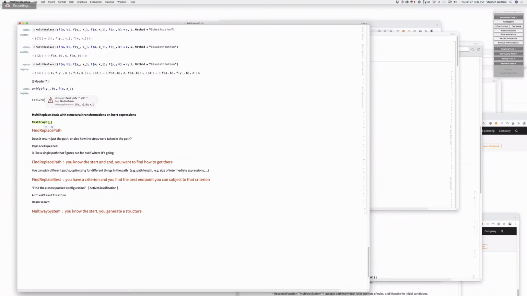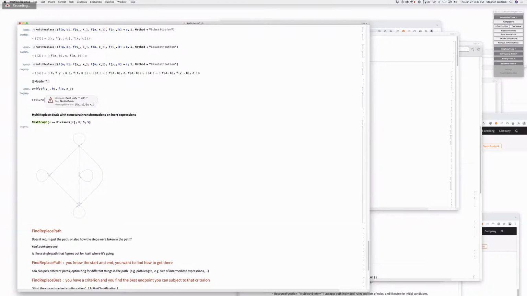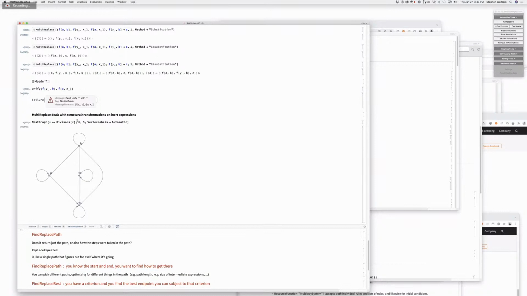So if I say nest graph of x goes to divisors of x, starting from 6, going 5 steps. Yes, that's already doing that.